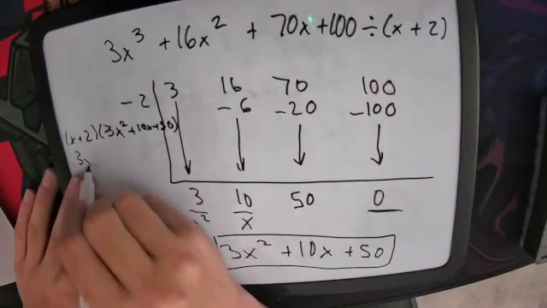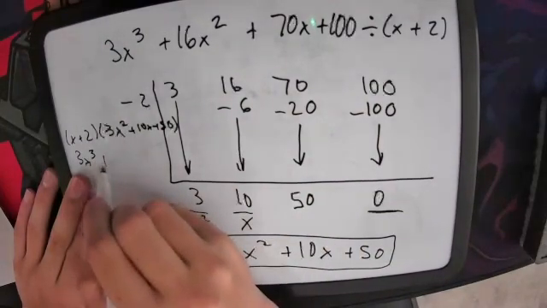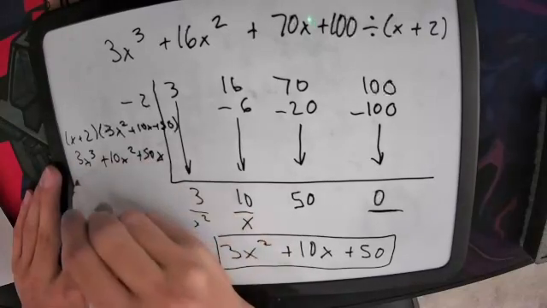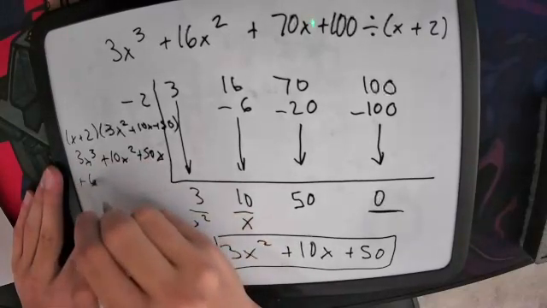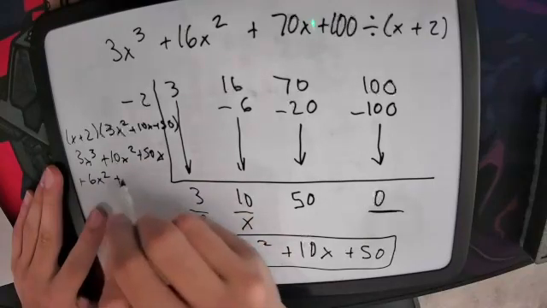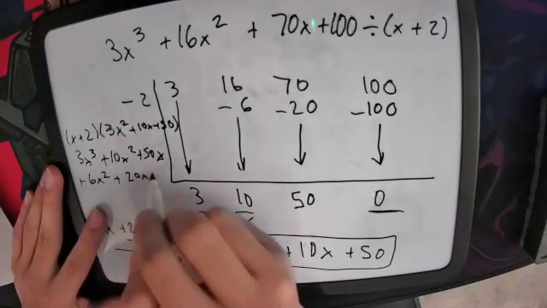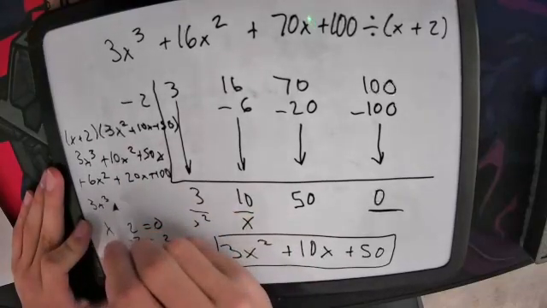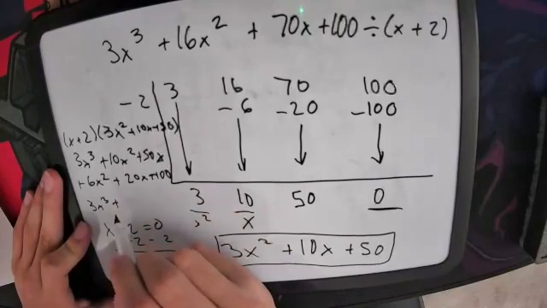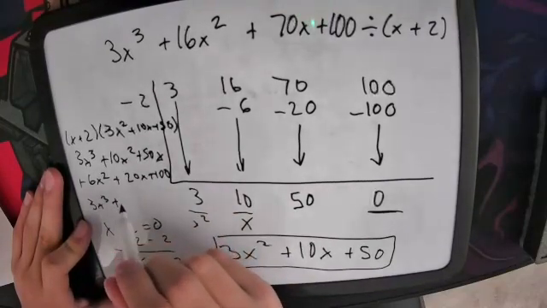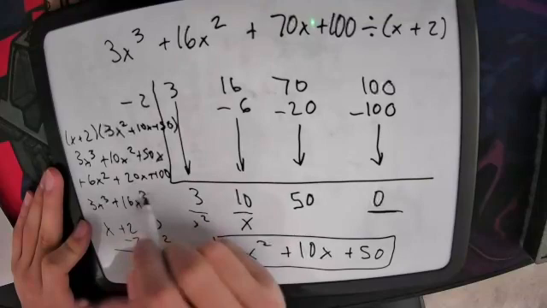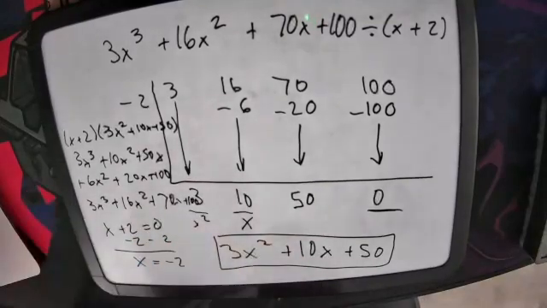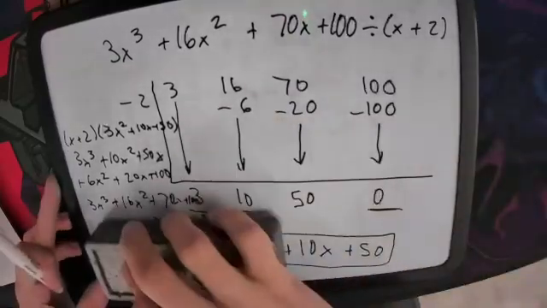So we have 3x cubed plus 10x squared plus 50x plus 6x squared plus 20x plus 100. We simplify that. We have 3x to the third plus 16x squared plus 70x plus 100. And we know that this value is the correct answer.